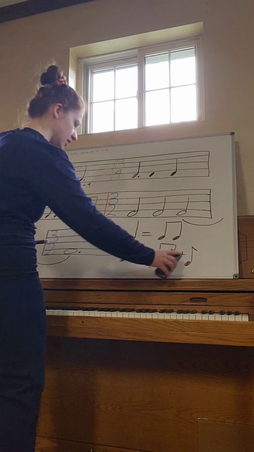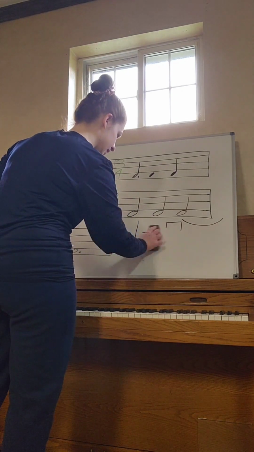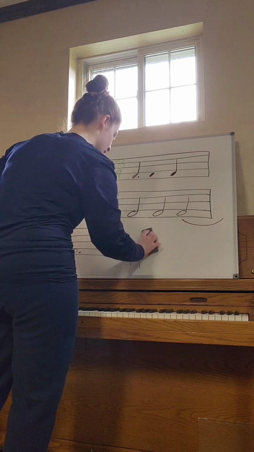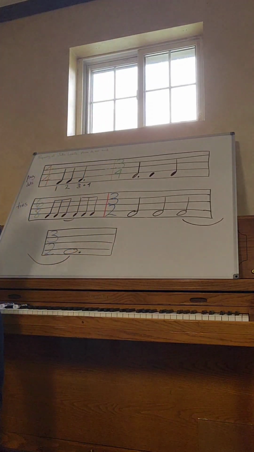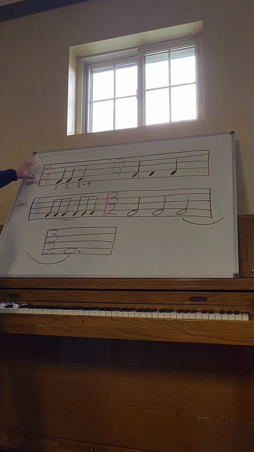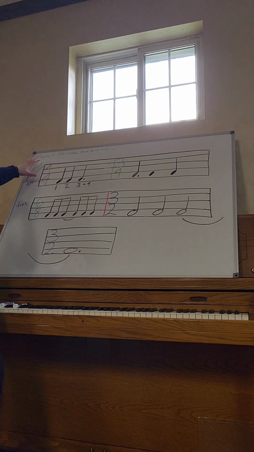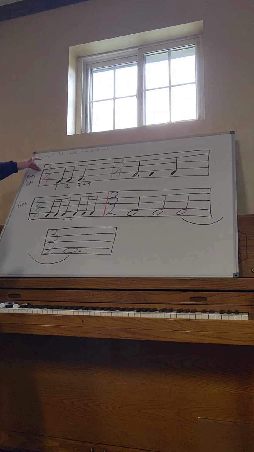So let's look at how to apply that in measures. Let's talk about time signatures again really quick. With whatever time signature you have, the top number defines the amount of beats in the measure.